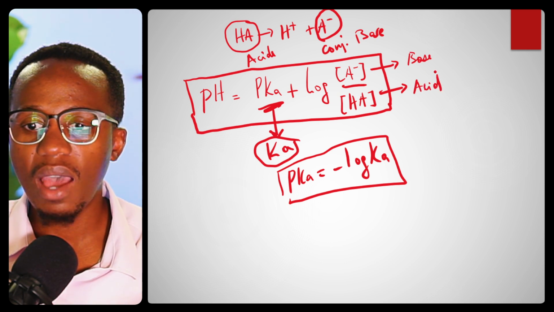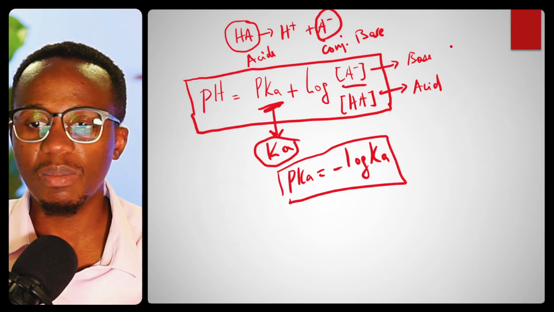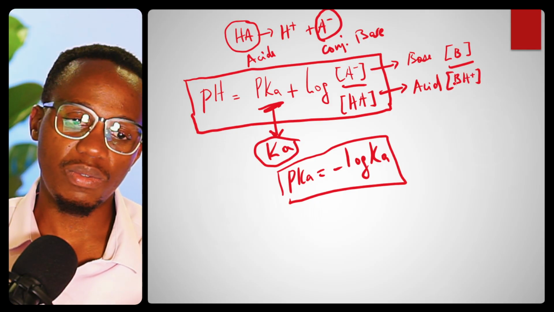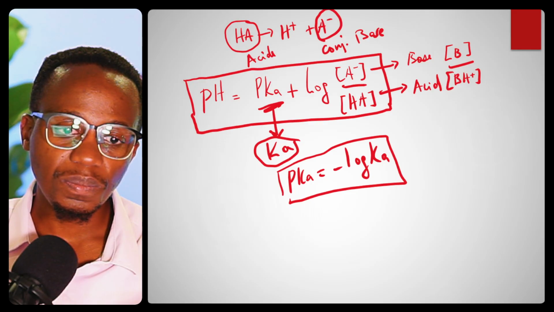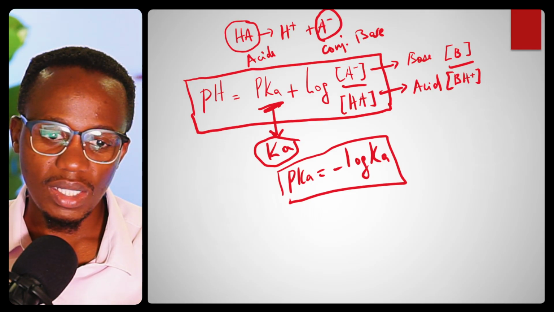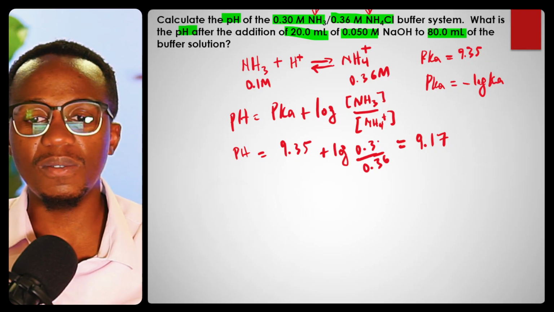But if you have a basic buffer, it can be B over BH plus, right? So remember this, it's very important, right?